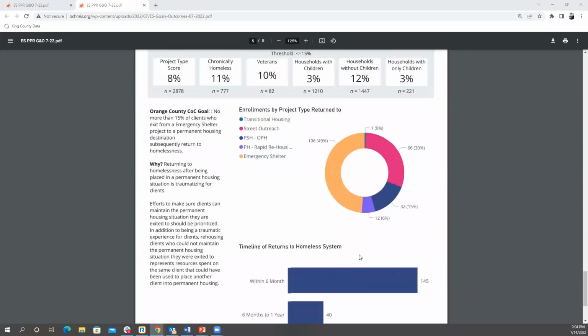And that was all I have on the emergency shelter PPR. Did anyone have any questions or comments about this data? Or any other questions about the racial inequity dashboard?